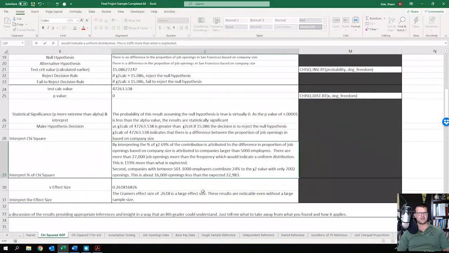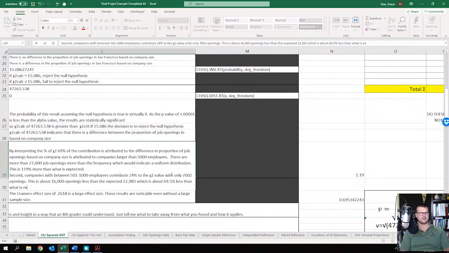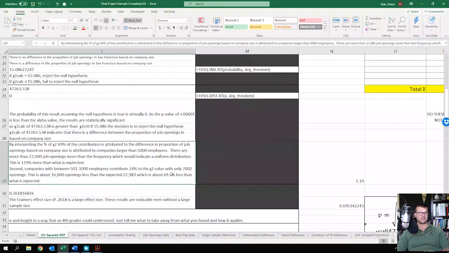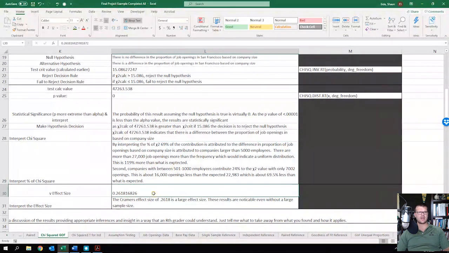This is 16,000 openings less than the expected 22,983, which is about 69.5% less than what is expected. So this really demonstrates where is the difference coming from? Where is the difference coming from? And so the percent chi-squared is really, in my opinion, the most important aspect when interpreting this.